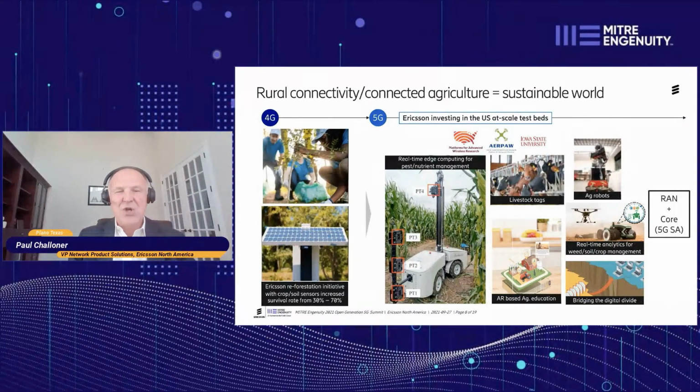In 5G, though, we bring the high-speed nature of 5G to bear, and that allows us to do high-speed video processing. And so you see an example here of crop inspection, where you have a video camera looking at crops that's sent back to the cloud, analyzed for any pest or fungal issues, and then drones can be deployed to treat the targeted area in a precision sense.